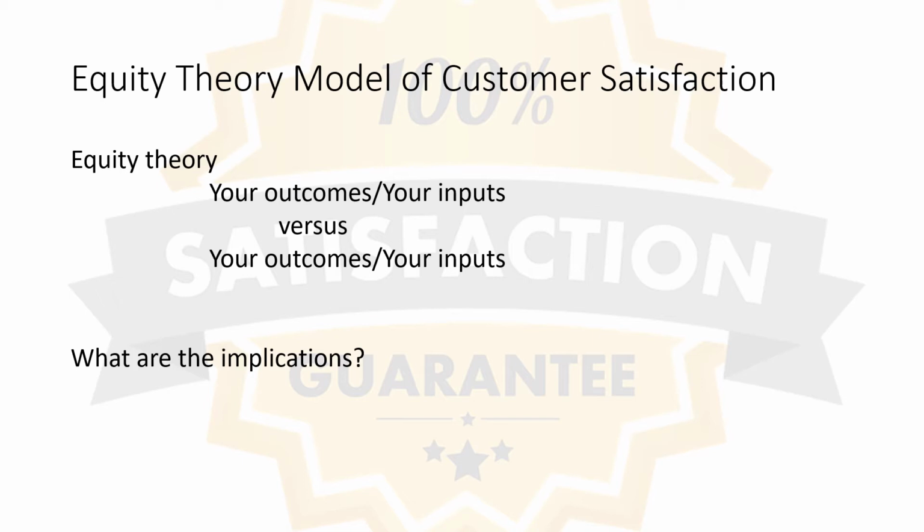If I feel like my transaction was not equitable or worse, then I am dissatisfied. So what are the implications for this? Well, the implication is that if you have customers that can easily compare their outcomes and their inputs to others, you want to make sure that things are equitable.